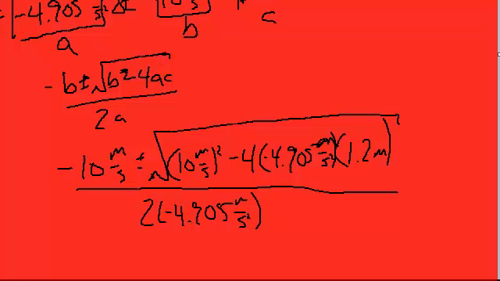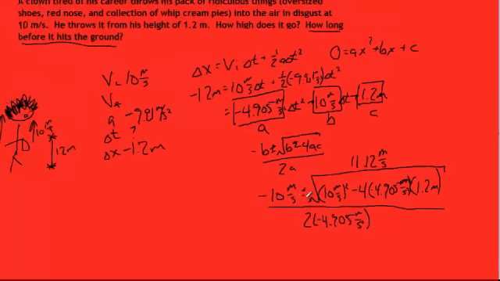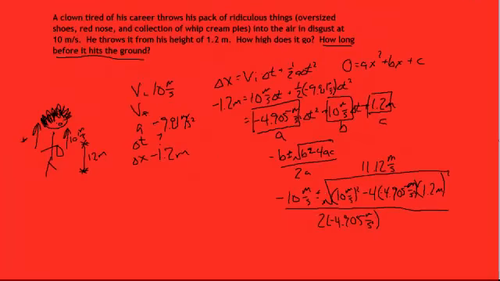Okay. The calculator tells me that the square root portion over here is 11.12. Again, as we pointed out a moment ago, the units on that are going to be meters per second. And so now, in order to get my two answers, I'm going to take plus and I'm going to take minus.